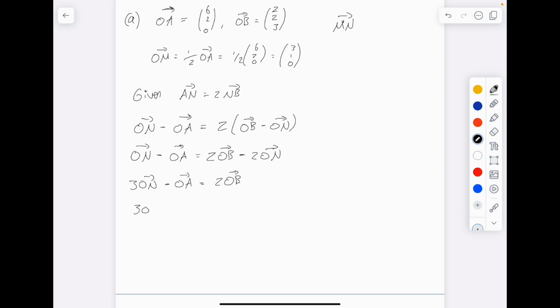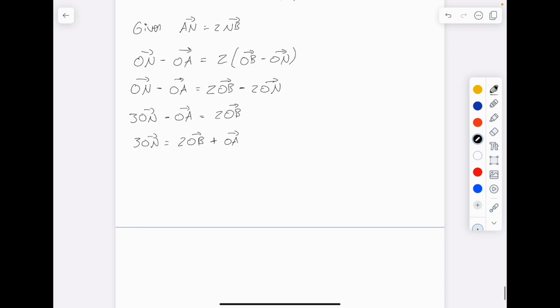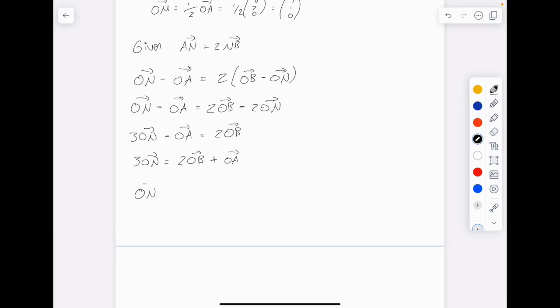So therefore 3 ON is equal to 2 OB plus OA, which means that ON is going to equal what? ON is simply going to equal a third of 2 OB plus OA.